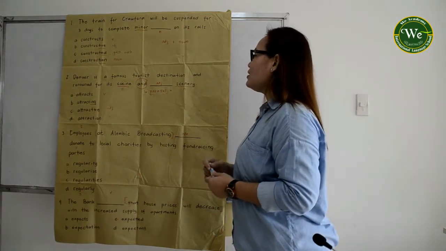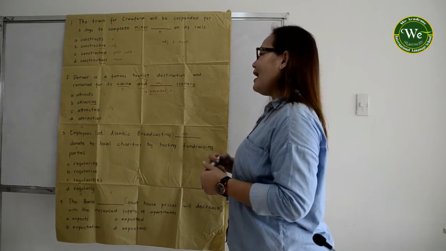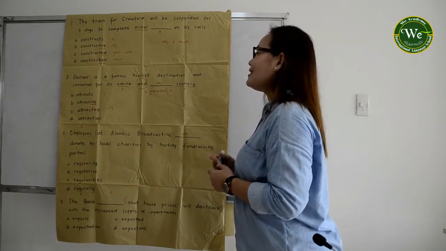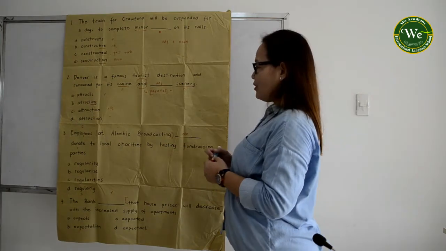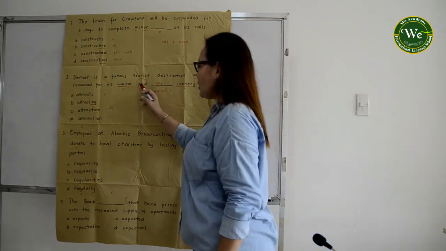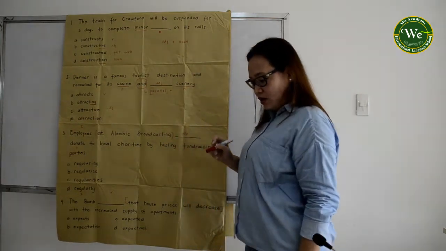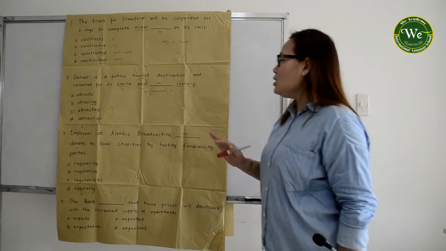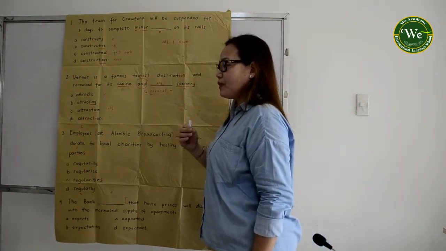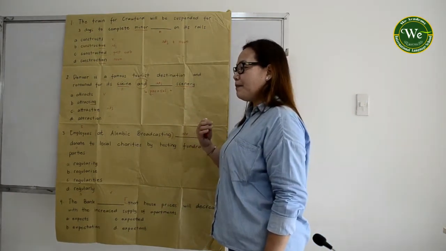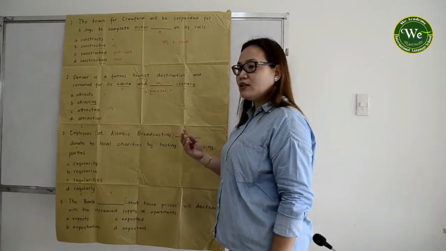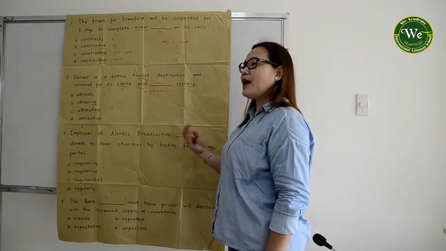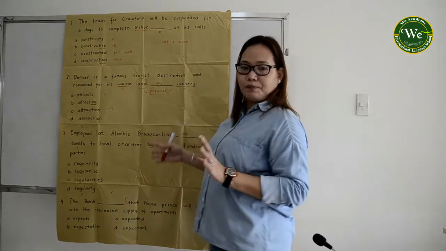Denver is a famous tourist destination and renowned for its cuisine and blank scenery. As you can see here, you have your conjunction and. This one explains parallel idea. When you say parallel, it's equal.